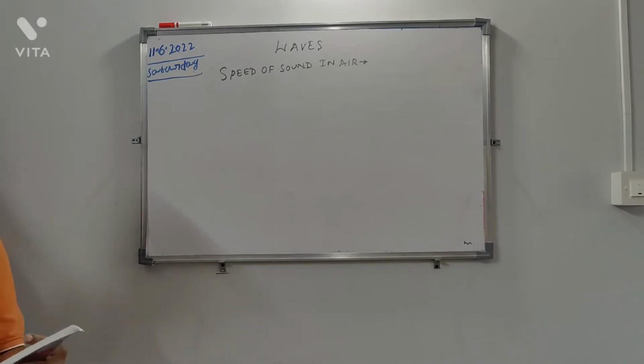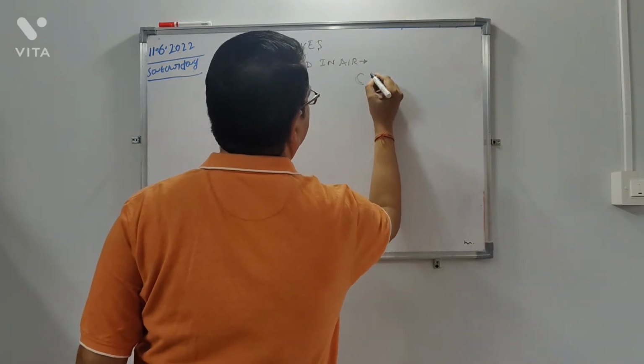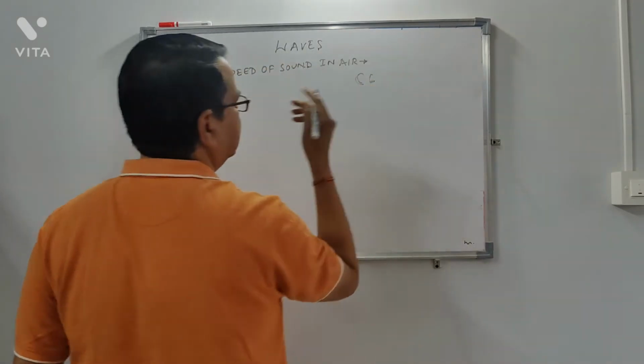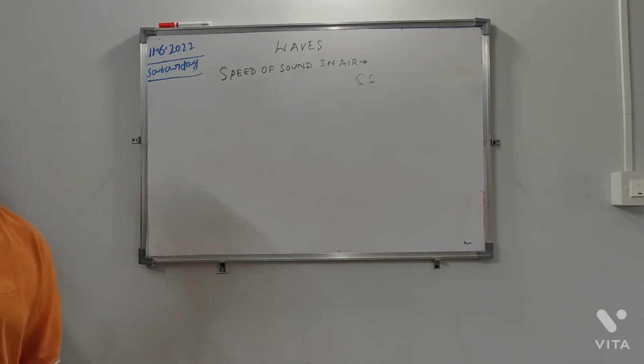What we have studied so far was the transverse wave, but this is a longitudinal wave. What is the difference between transverse and longitudinal? When the motion is along the direction of wave propagation, that is longitudinal. If the motion of the particle is perpendicular to the direction of wave propagation, that is transverse.